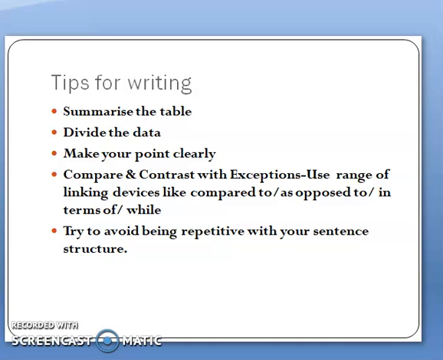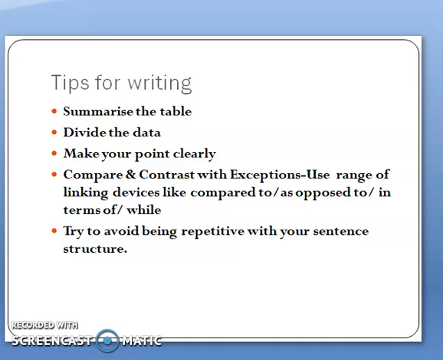While writing a table into a paragraph, you need to keep a few things in your mind. The first thing is to summarize the table. This is a very important skill and is arguably the focus of the entire task. Look at the figures in the table and the tense of the data. Identify whether it is in past, present, or predicting future trends.